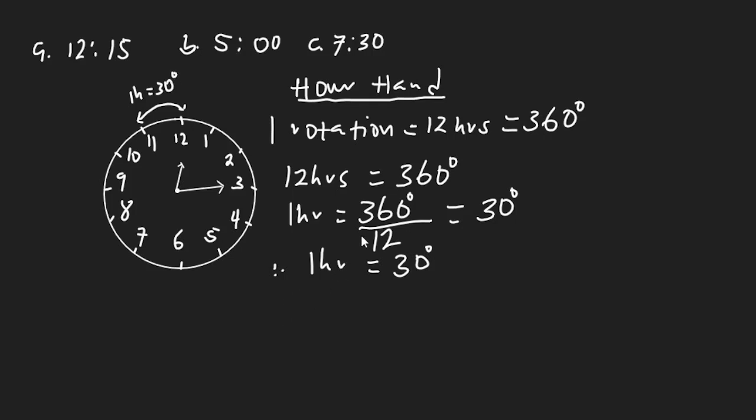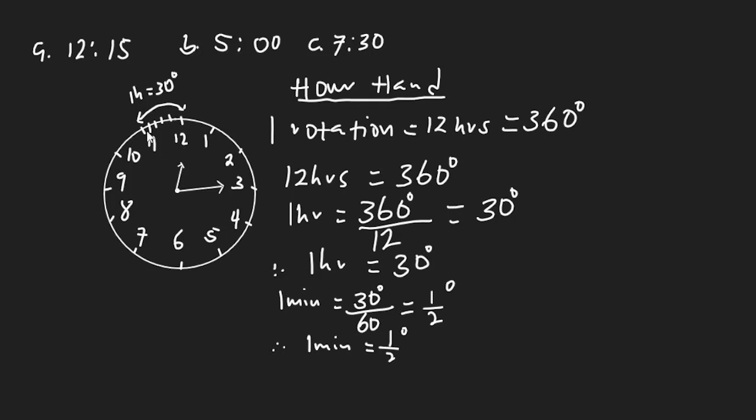So we want to look at it in terms of minutes. So 1 minute is equal to 30 degrees divided by 60, and this is giving us 1/2 degree. So in 1 minute, the hour hand moves half a degree.